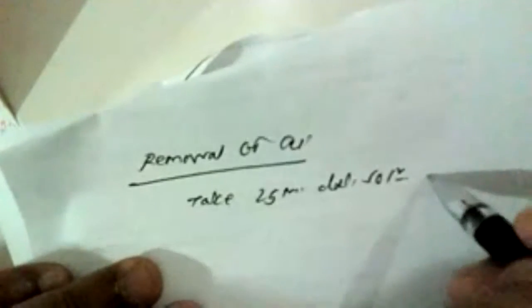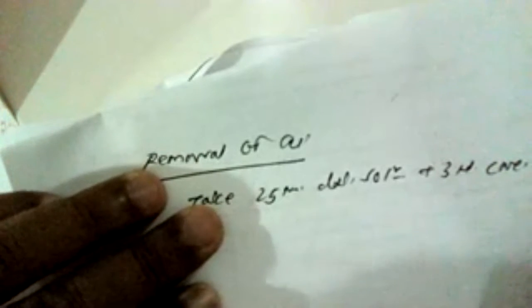To this, 3 ml concentrated HCl is to be added, and we have to heat this solution on a tripod stand. After heating, we have to pass H2S for about 2 to 3 minutes.